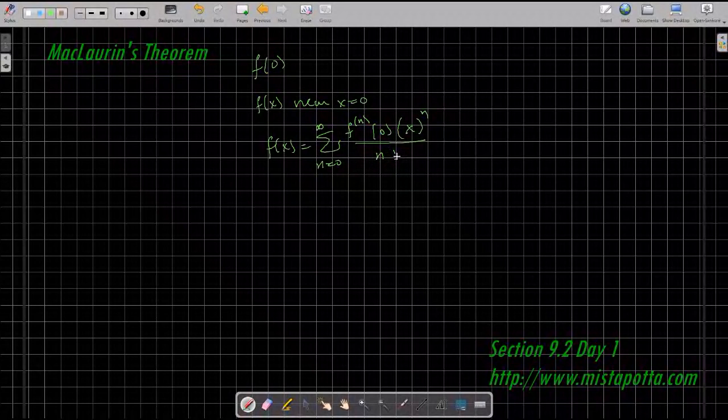And the thing is, we'll actually use MacLaurin's theorem a little bit more than we'll use Taylor's theorem, simply because it's often very easy to substitute x equals 0 into polynomials and get very, very standard values from them.